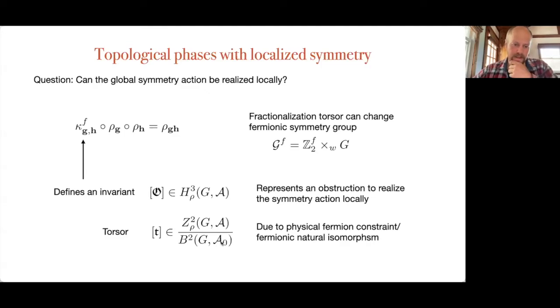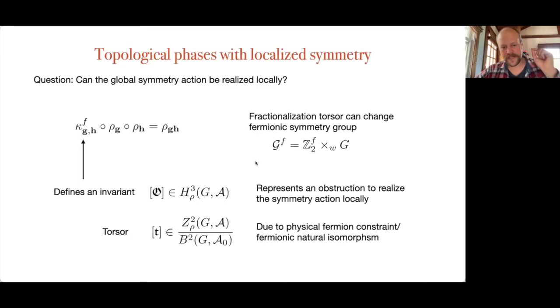And you might look at that and think it looks a little bit strange. And indeed it is. If you have an H3 invariant, you would expect an H2 torsor, not a Z2 torsor. And I'll explain how that gets fixed when we change our perspective on this classification in the next slide.